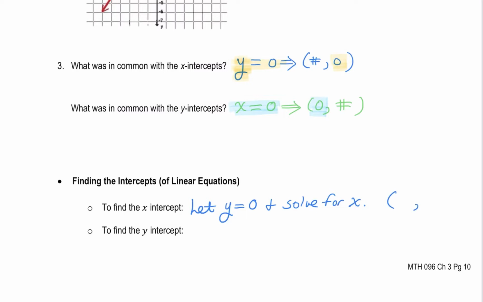And so that is going to allow me to figure out what the x-coordinate is when the y-coordinate is equal to 0. And then if I say to you, find what the y-intercept is, you're going to say, I know what that means. That's where I let the x-coordinate equal 0. And then I can solve that for y. And so that's where I'll figure out what the y-intercept is given a particular equation.